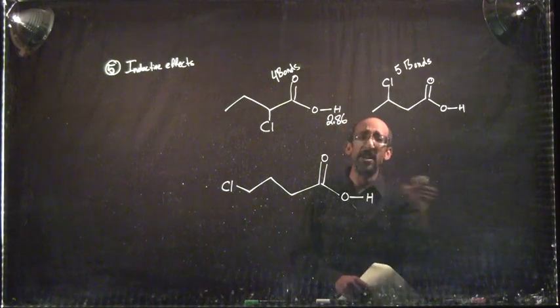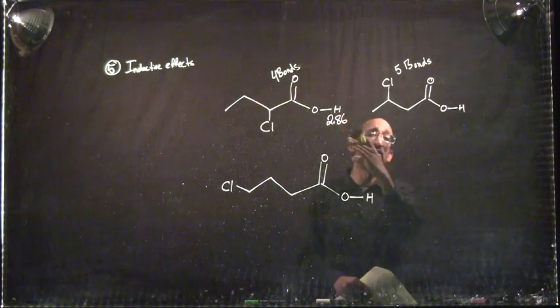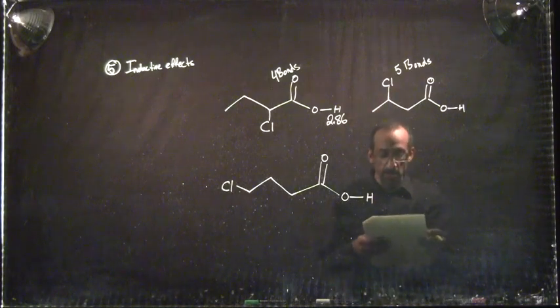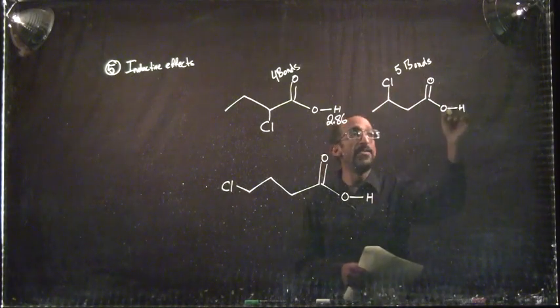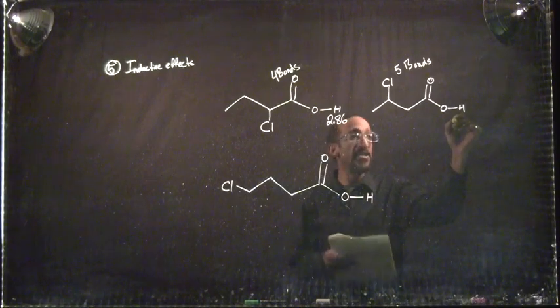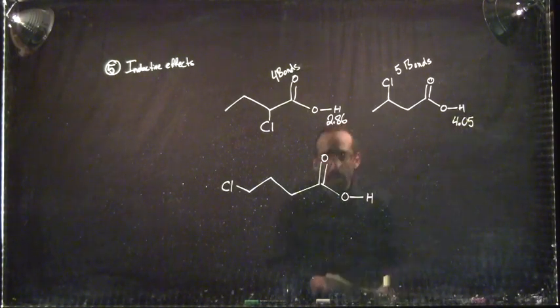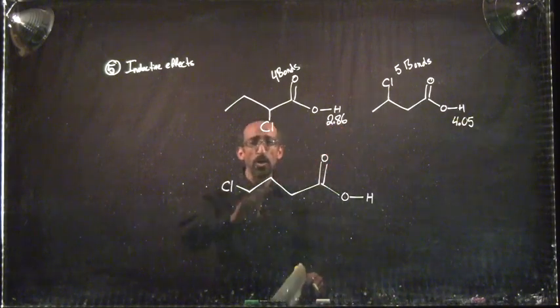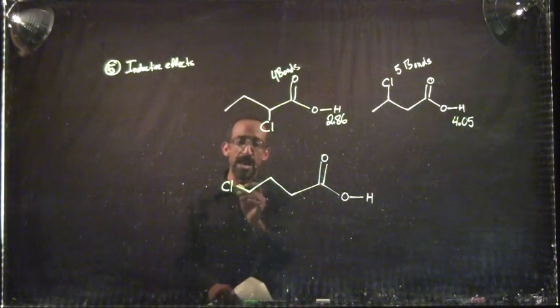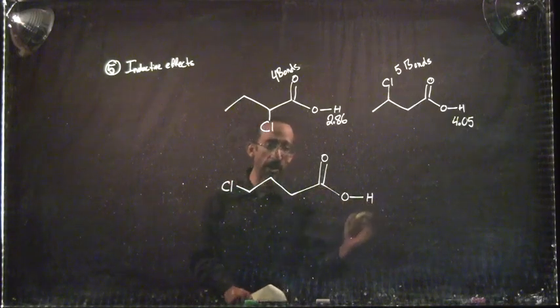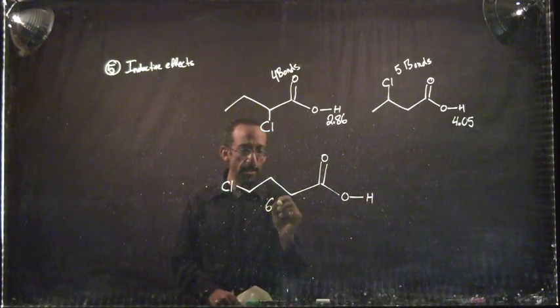It's further away. This inductive effect isn't as strong as it moves away from that oxygen-hydrogen bond. And we'll see that in this scenario, our pKa is now 4.05. And then finally, in 4-chlorobutyric acid, where we are now 1, 2, 3, 4, 5, 6 bonds away, right?